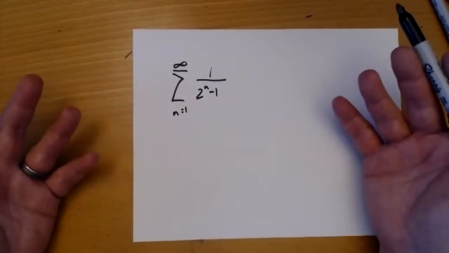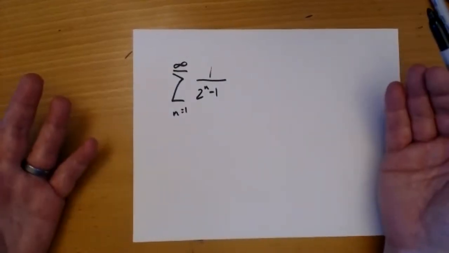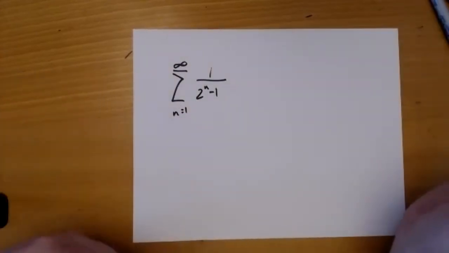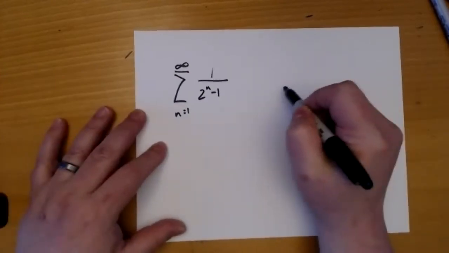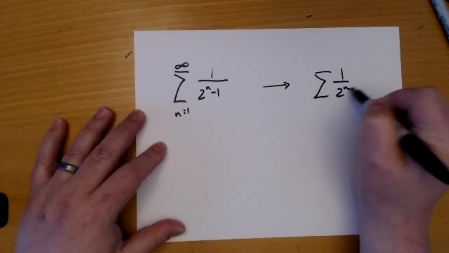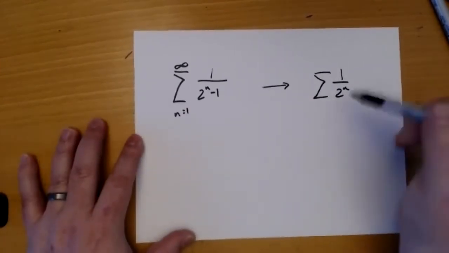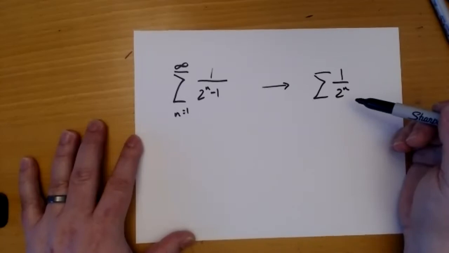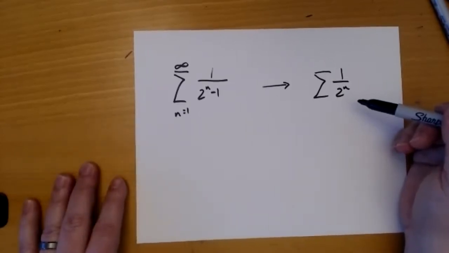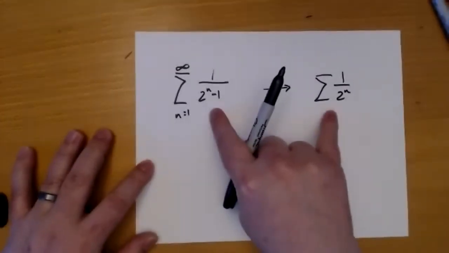What function does this begin to look a lot like when I have a billion terms? 1 over 2 to the n, right? It sure looks like this. Now, does this converge? Yes. Okay, so here's what we do. We compare these two.